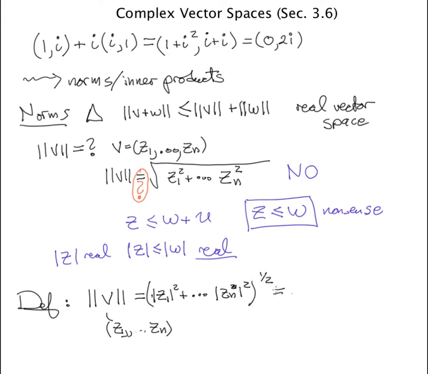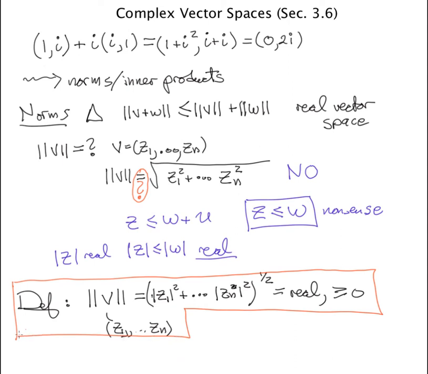And this is a real number which is greater than or equal to 0. So even though you're talking about complex numbers, when you start talking about norms, the norms are real so that you can compare them.